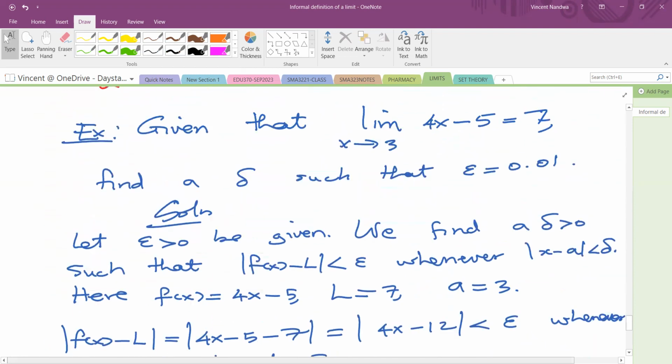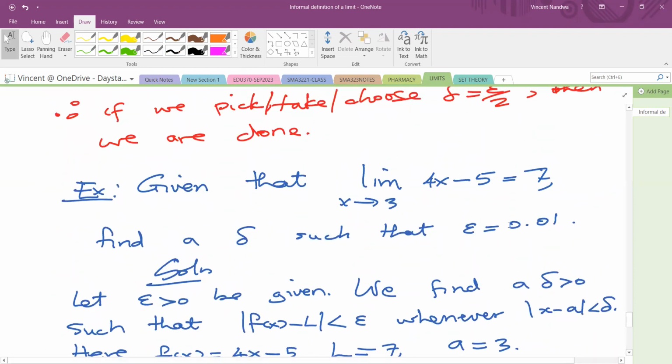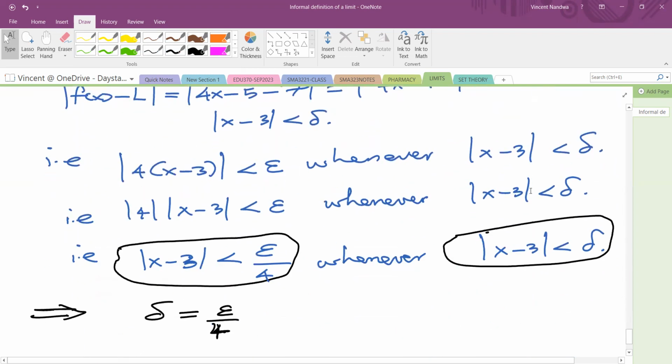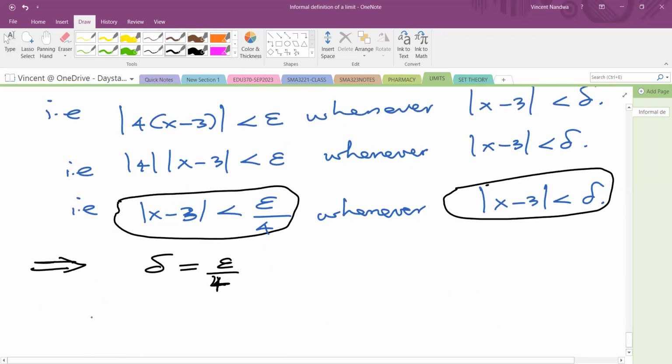And then, given that epsilon is given as 0.01, this means that when epsilon is 0.01, delta will be 0.01 divided by 4.